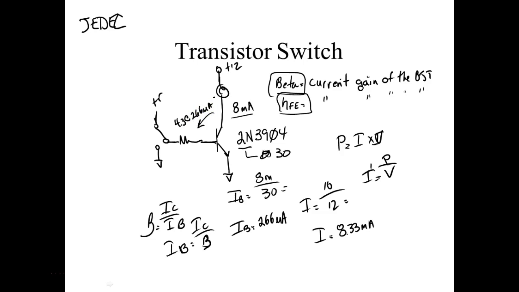So R is equal to V over I. So R would be equal to 4.3 divided by 266 micro. So R would equal what? So y'all doing some little engineering.